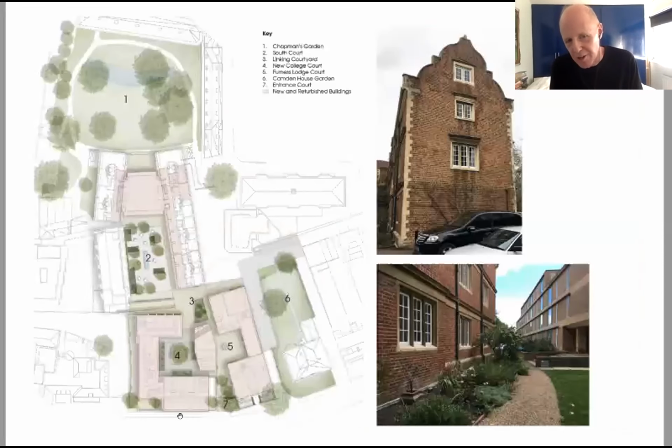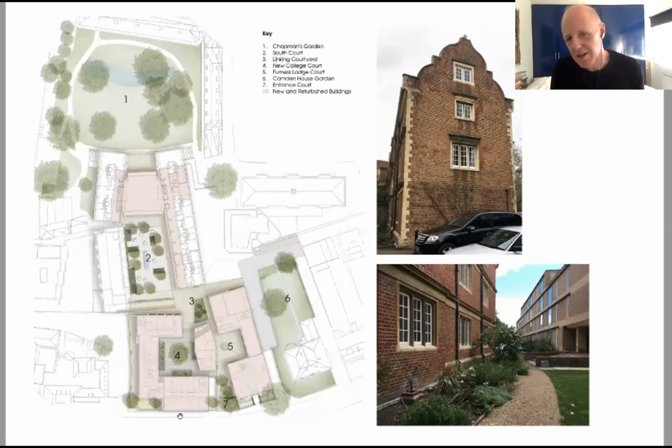And here in pink, you can see picked out the new interventions in terms of buildings, which are partly into the existing buildings of South Court and partly new structures around Furnace Lodge and Park Terrace. And it's an area of the college which at the moment is characterized very much by brick buildings, unlike the collegiate heart, which is more of the Ketton stone type character.